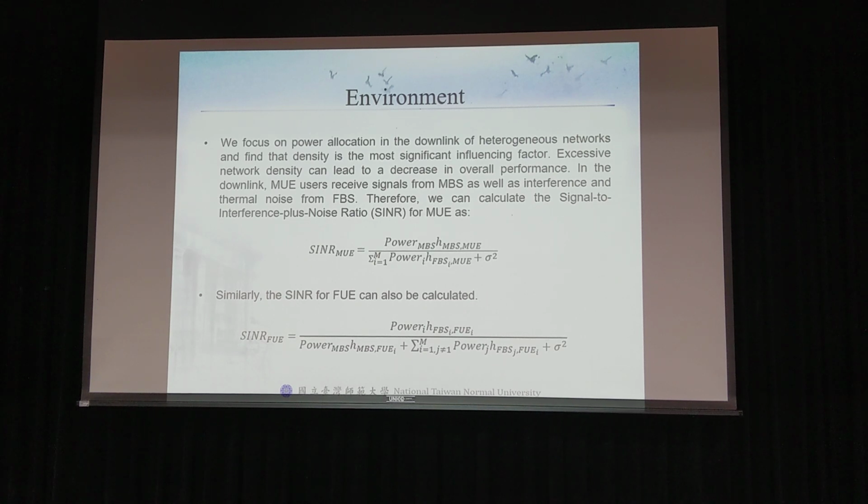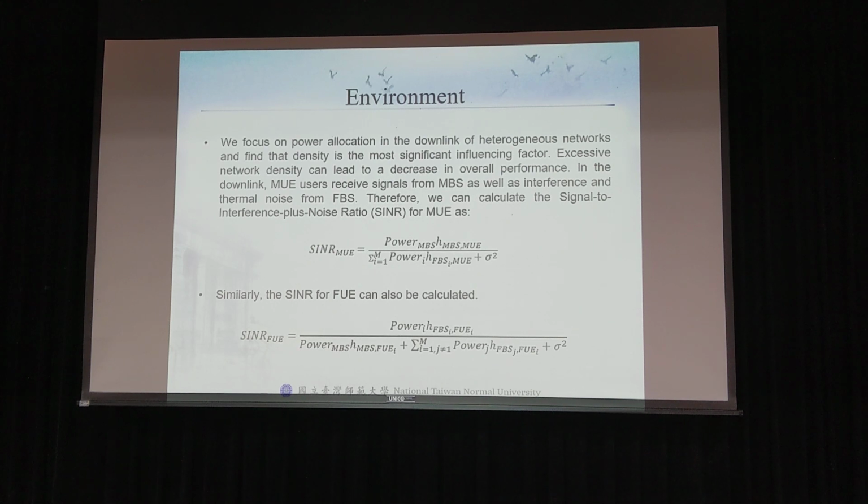And next we will focus on the power allocation in the downlink of the heterogeneous network, and find that the density is the most significant influencing factor. Excessive network density can lead to a decrease in overall performance.